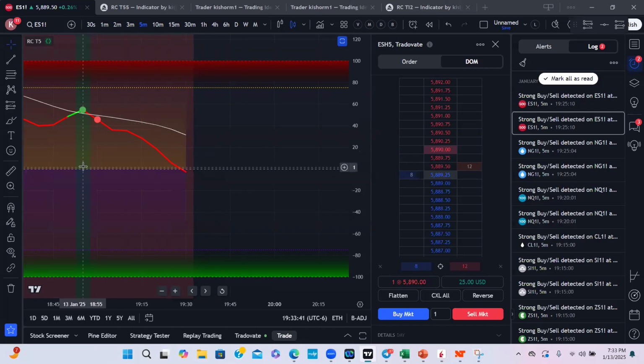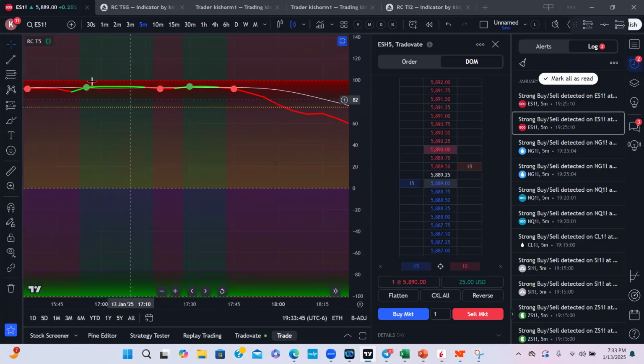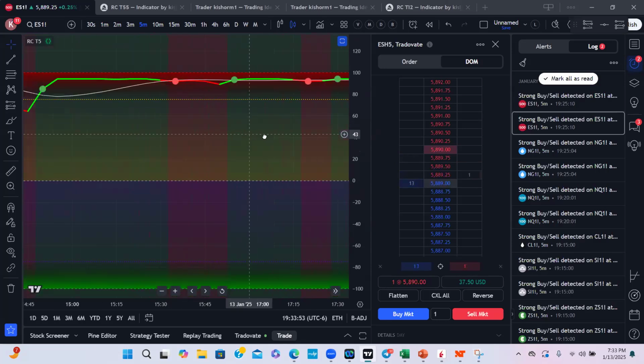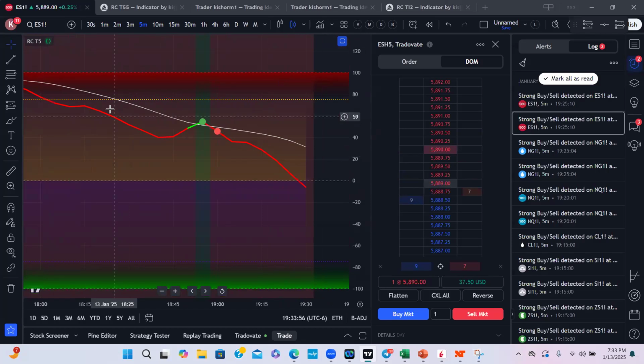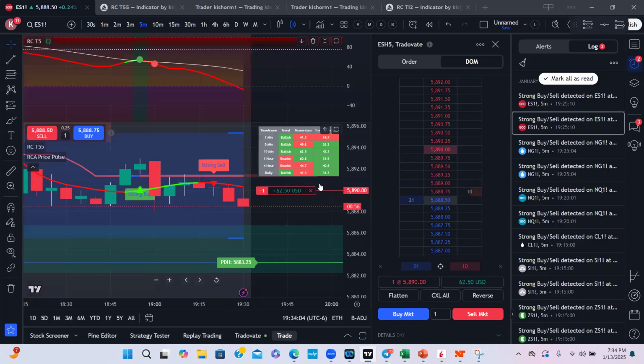If these lines are very close, for example, here the lines are very close, that means buyers can take control, sellers can take control. When you have a big gap, generally sellers have full control.